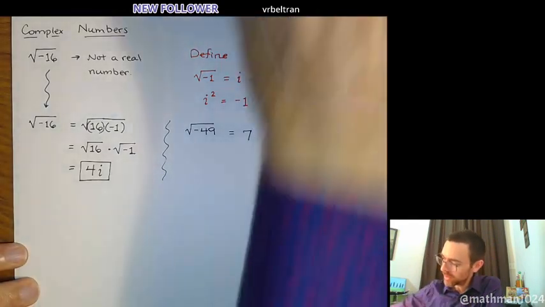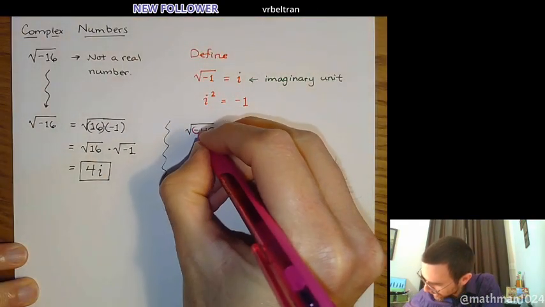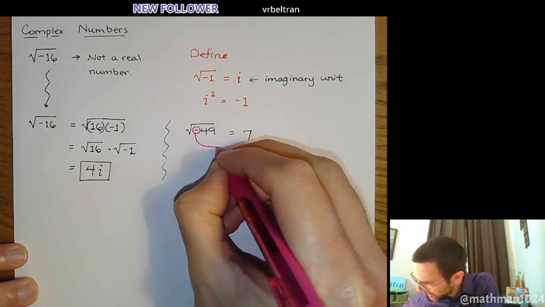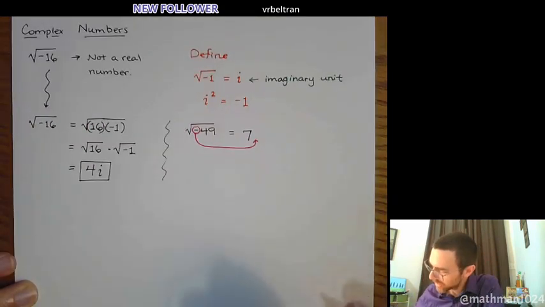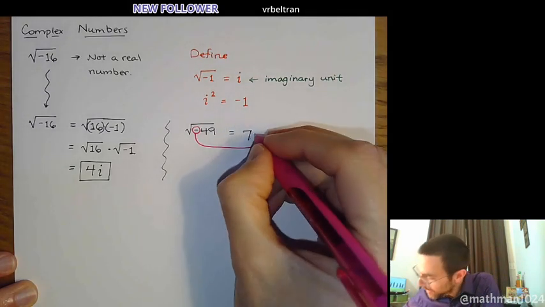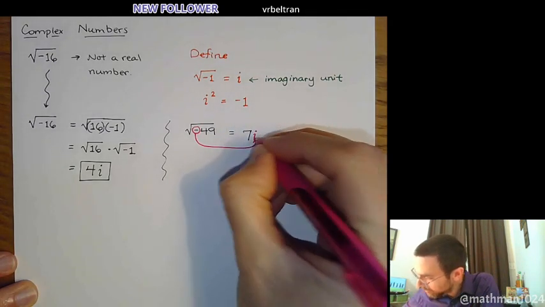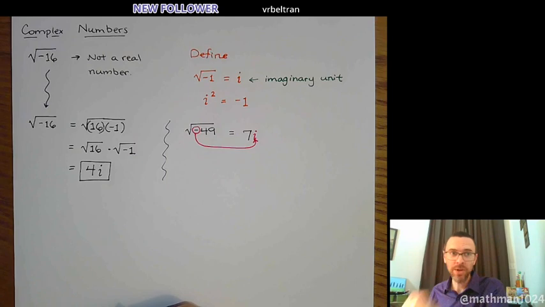And then this negative factor right here is going to come out as an I, like that. So the answer here is 7I.